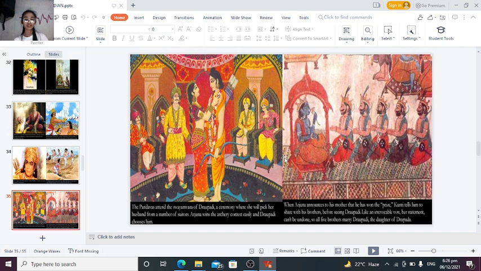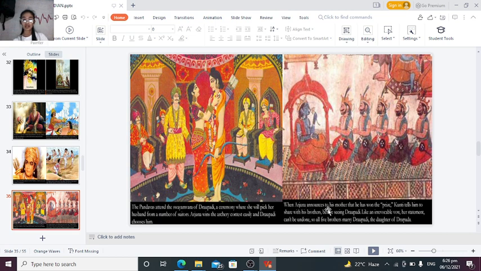So the Pandavas attend the Swayamvara of Draupadi, a ceremony where she will pick her husband from a number of suitors. But Arjuna wins the archery contest easily, and Draupadi chooses him.